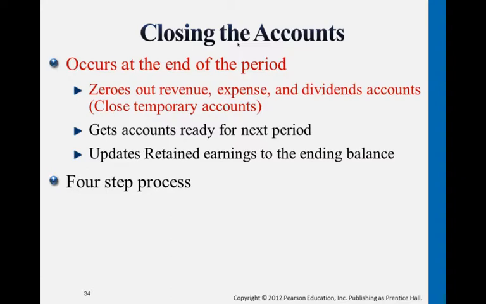Remember that on Monday when we did the worksheet, I briefly mentioned that the retained earnings account is the only account on the worksheet that doesn't have the up-to-date balance. All the other accounts, cash, accounts receivable, accounts payable, on the worksheet you have all the latest information. Only retained earnings is the account that we haven't actually updated in the worksheet, because what goes into this account is all the revenues and expenses information.